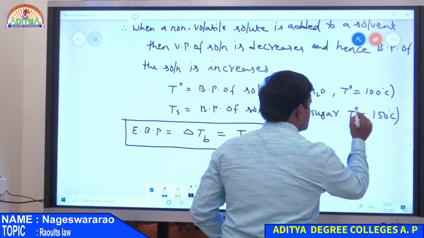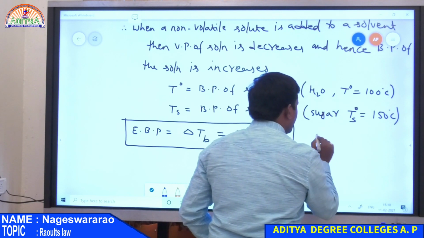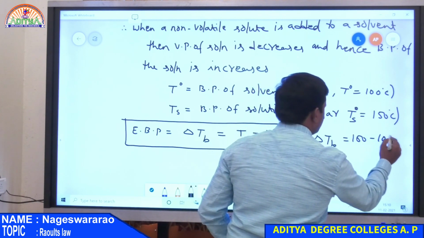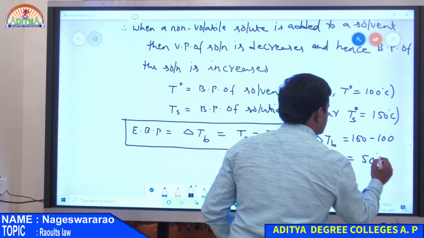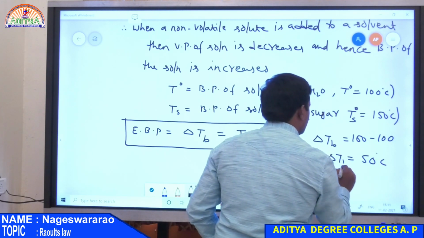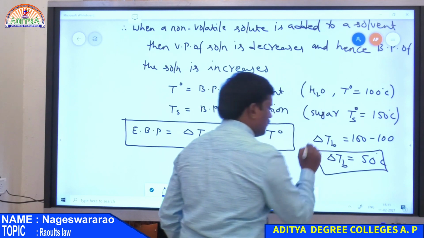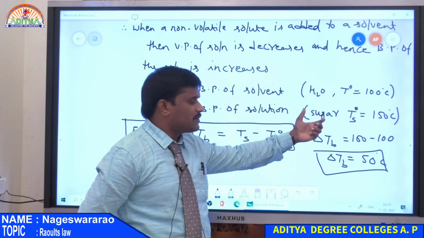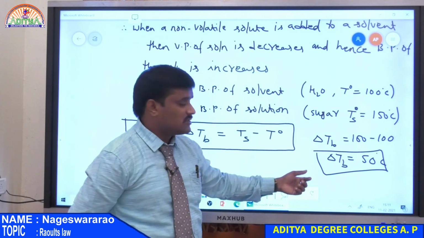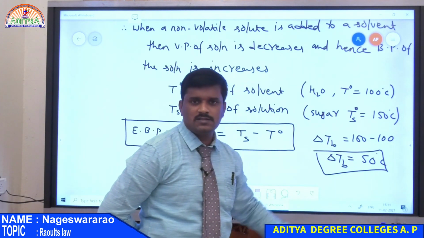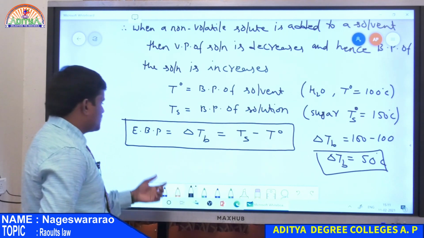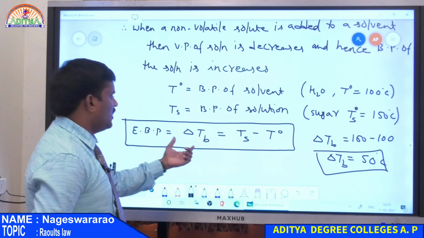So for this solution, delta TB is equal to 150 minus 100 degrees, that is equal to 50 degrees. So this is nothing but the increase in boiling point. So the boiling point of the solution by adding sugar increases. That increase of 50 degrees is known as elevation in boiling point. So this is the formula for elevation in boiling point.